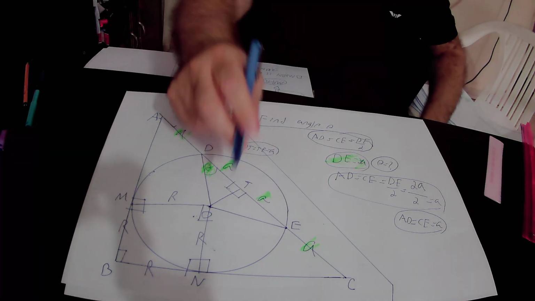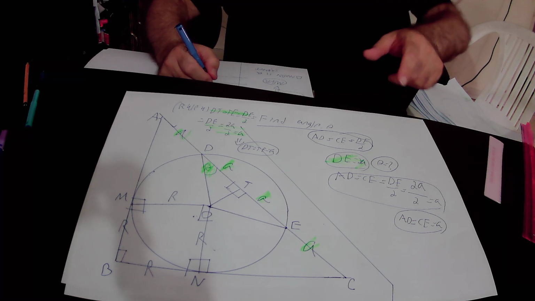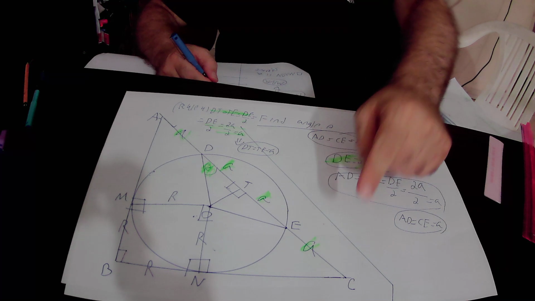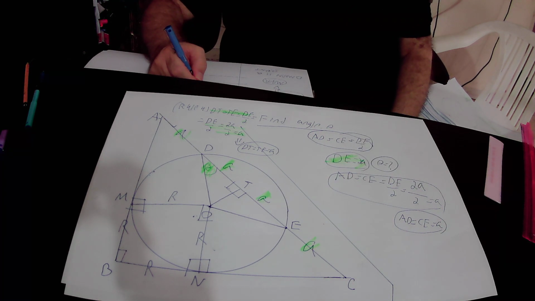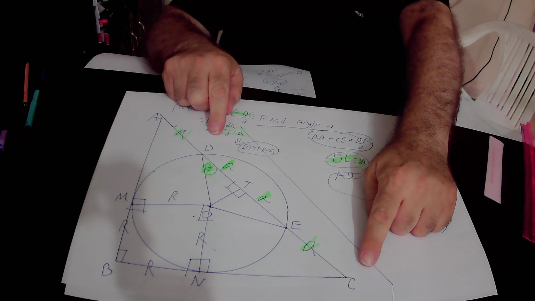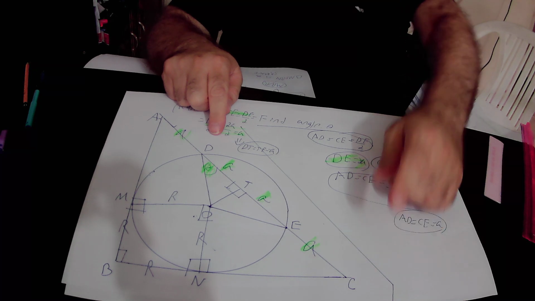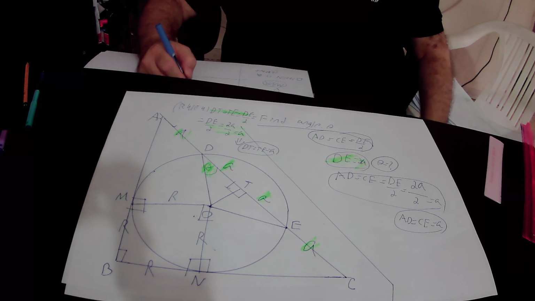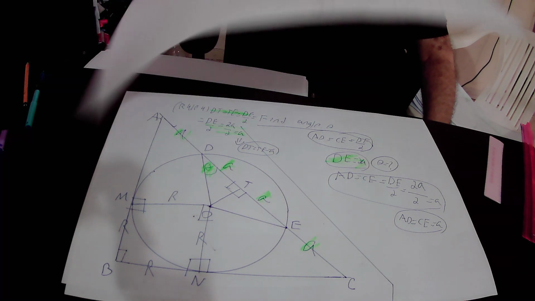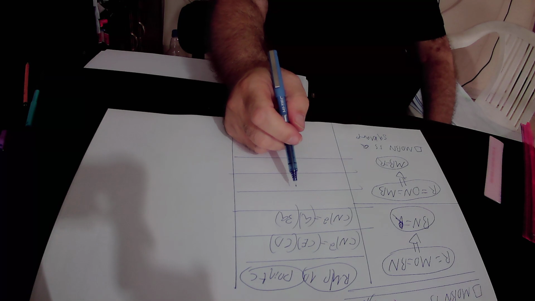CE equals A, therefore we substitute CE by A times CD. What is the value of CD? CD equals A plus A plus A, that is 3A, so we substitute CD by 3A. In conclusion, according to rule number 10, CN squared equals A times 3A.